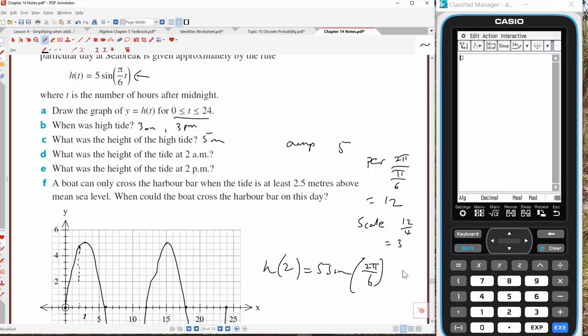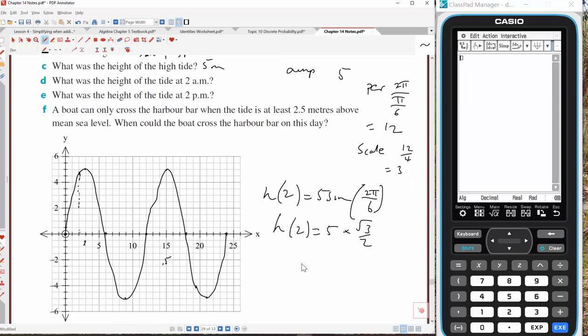Now 2 pi on 6 is pi on 3, so it's 5 lots of the sine of pi on 3, which is root 3 on 2. So h of 2 is 5 root 3 on 2. The height of the tide at 2 a.m. was 5 root 3 on 2 meters.